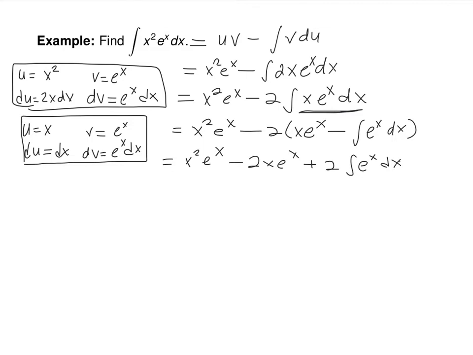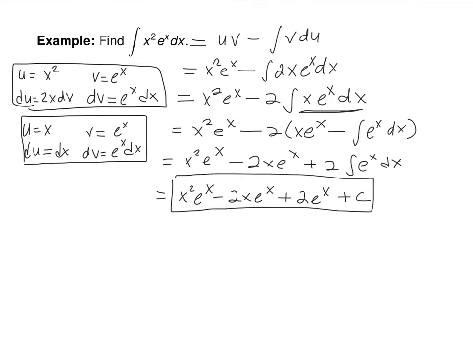And now the integrand that you have is reduced to something that you can actually do. The antiderivative of e to the x is just e to the x. So you're home free. And your antiderivative is x squared e to the x minus 2x e to the x plus 2 e to the x. And at this stage, don't forget plus c.